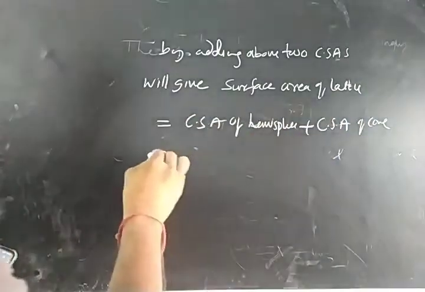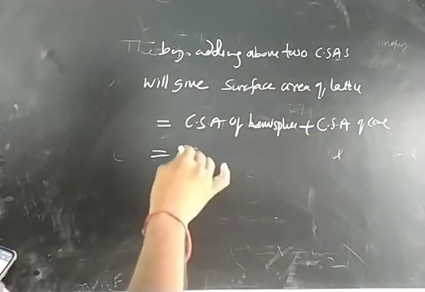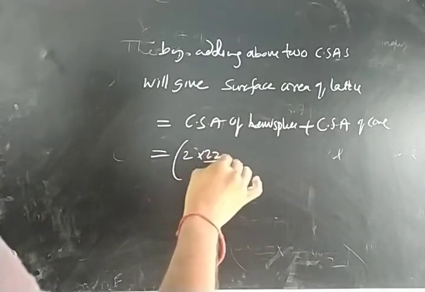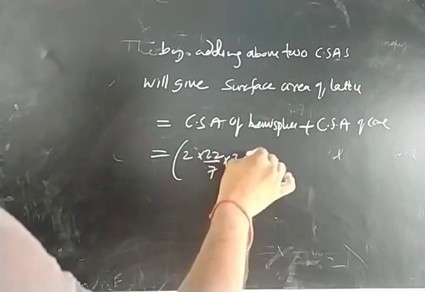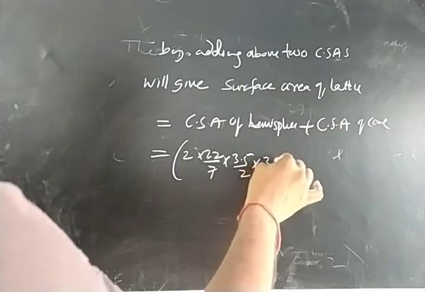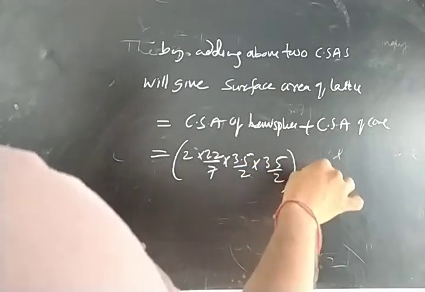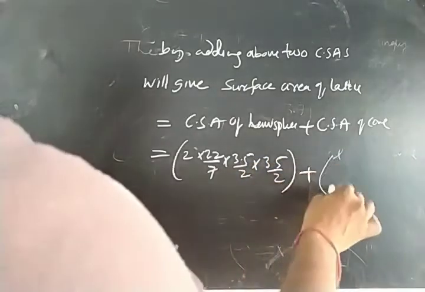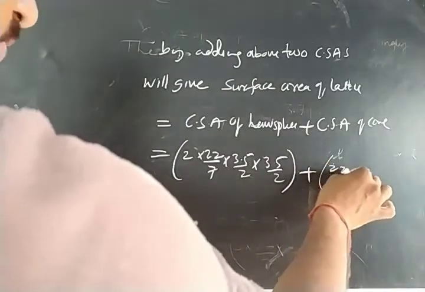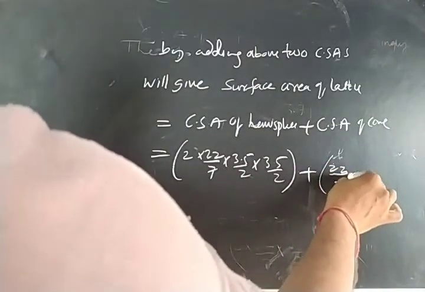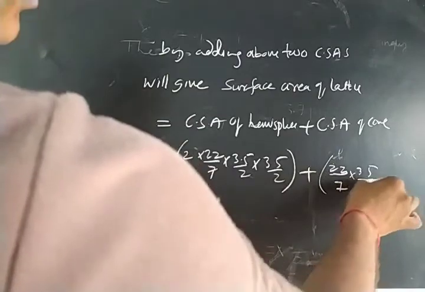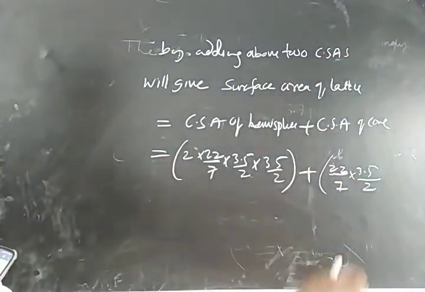The CSA of the hemisphere is what we got, 2 into 22/7 into 3.5/2 into 3.5/2, plus the CSA of the cone, which is 22/7 into 3.5/2 into 3.7.